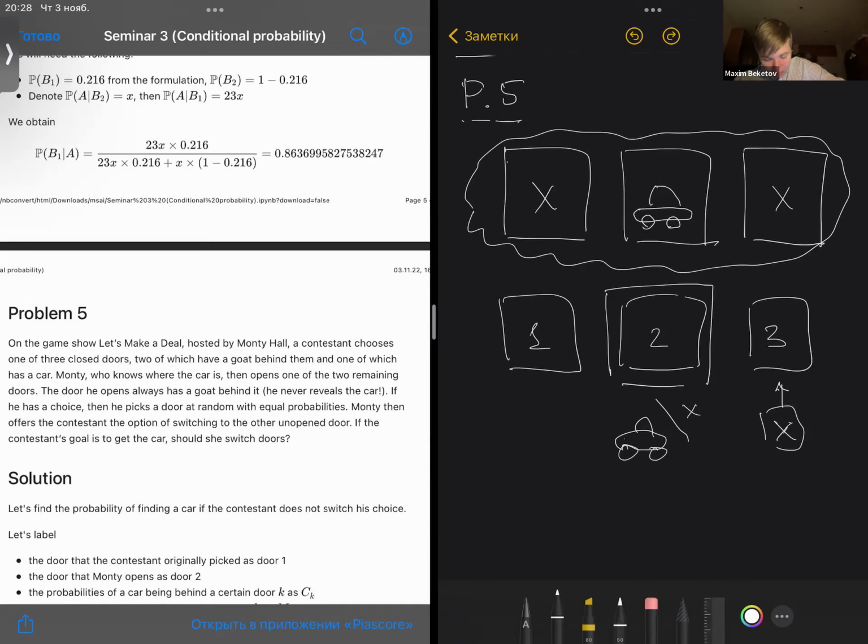And apparently it is a paradox, because it is not very obvious. From some common sense, it seems that there were two doors with no prizes, two doors with goats, and you've chosen a certain door.